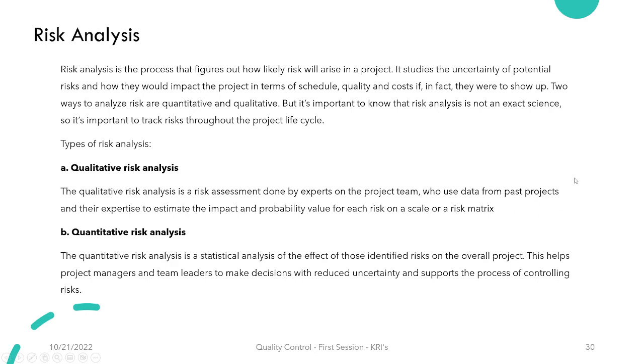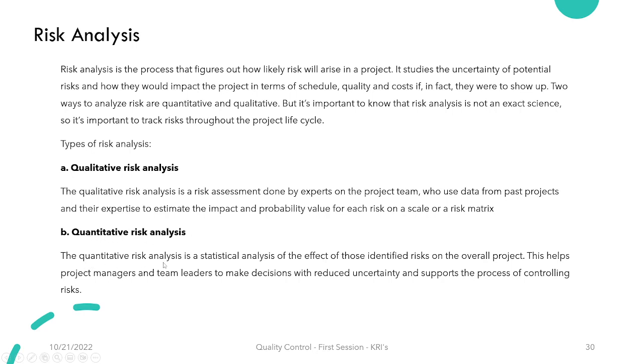From where are we going to get this past project data? For example, from lessons learned, from our previous risk registers, and from the risk analysis methods that we used previously. From this type of data related to past projects within our organization, we can collect the required data for the qualitative risk analysis type.